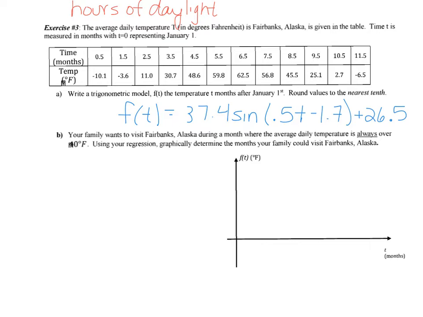Now the next question says your family wants to visit Fairbanks, Alaska during a month where the average daily temperature is always over 40 degrees Fahrenheit. Using the regression, graphically determine the months your family could visit Fairbanks, Alaska. So in Y1, we're going to graph f of t, and then we want to know when it's over 40, so I'm going to graph a Y2 at 40. So I'm going to do the rest of this problem in the graphing calculator.